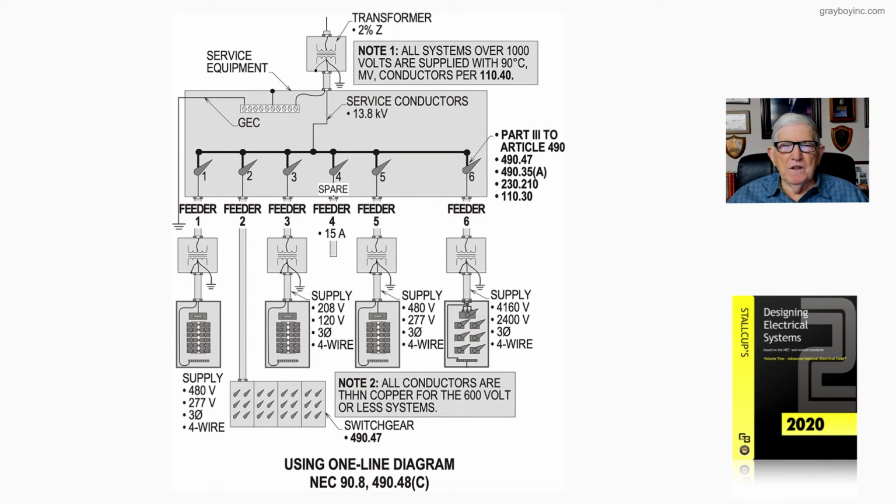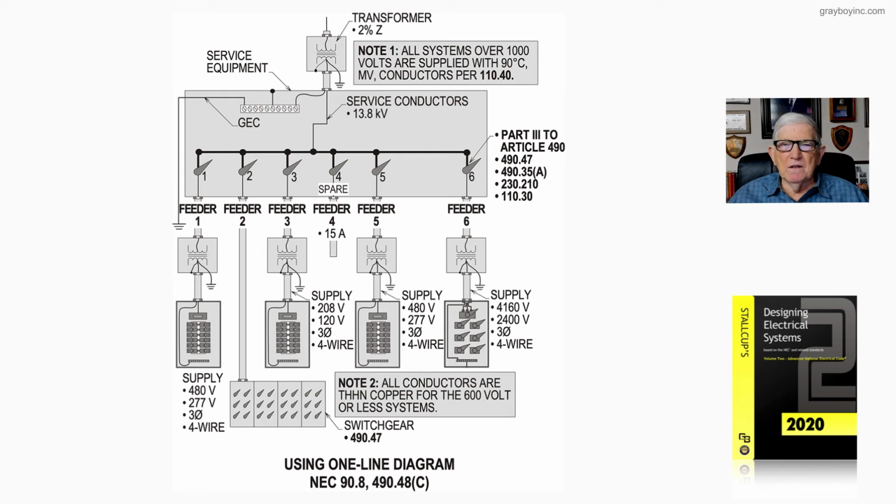And when you look at feeder number 3, we're supplying a transformer, and then we're stepping the voltage down to 208/120 volt, 3-phase, 4-wire system. And then overcurrent device number 4 is just reserved. It's a spare. When we go over to overcurrent protection device number 5, it's feeding a transformer, and it's stepping it down to 480/277 volt, 3-phase, 4-wire system.